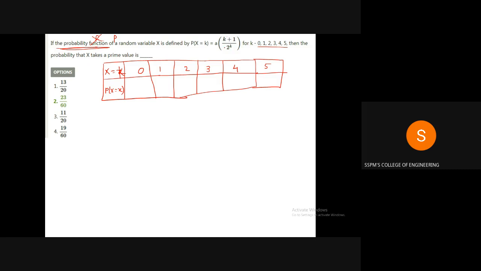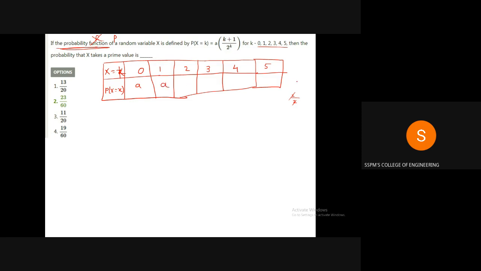So 1 by 1 cancels. What remains? We get a. Now for the value k is equal to 1, 1 plus 1, it is 2, divided by 2 raised to 1, that means 2. Then 2 and 2 get cancelled. Again we will get the value a.